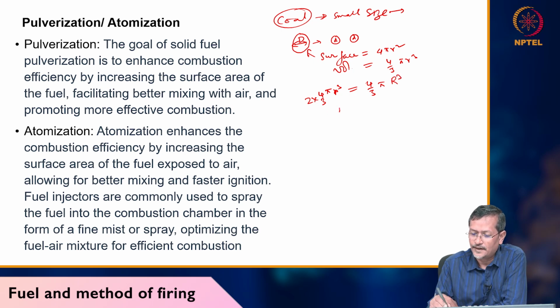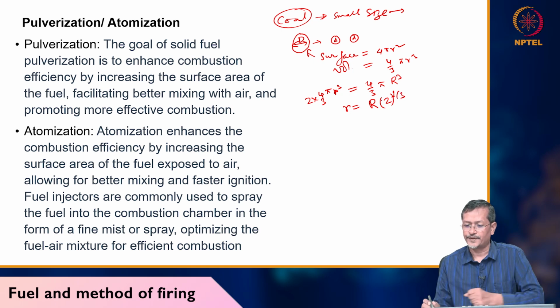So I am getting small r equals capital R divided by 2 to the power 1/3, that is, capital R into 2 to the power minus 1/3.